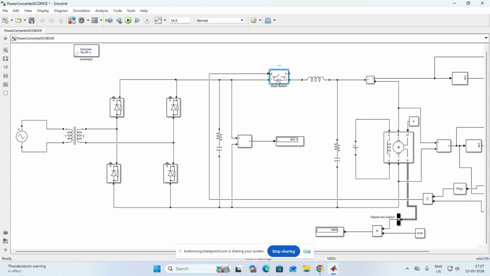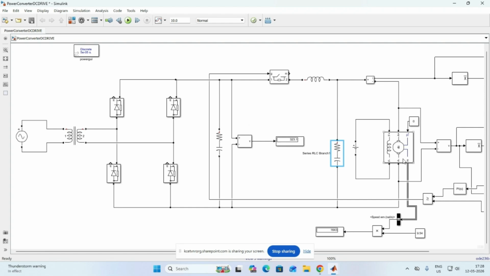This switch varies the output voltage. And then we are using LC filter. This is inductor. This is again a capacitor. So this is a simple type A chopper. The output voltage of this type A chopper is always lesser or equal to input voltage.